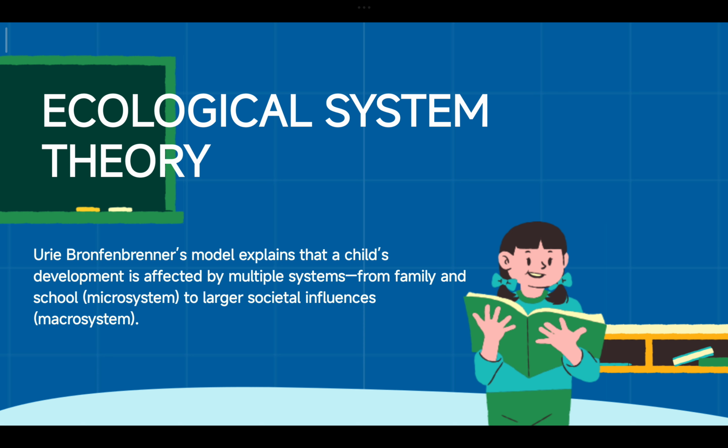A curriculum informed by this theory will consider the child's home environment, community, and societal context, ensuring that teaching is personalized and inclusive. For example, if a teacher plans a unit about community helpers, we invite a parent who is a firefighter to speak, linking school learning to the child's home and community environment.